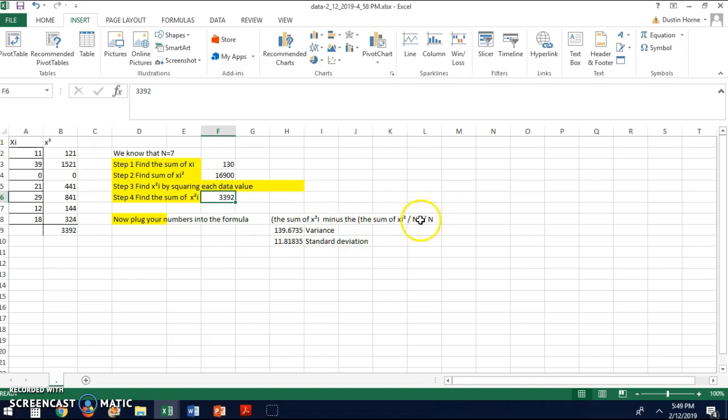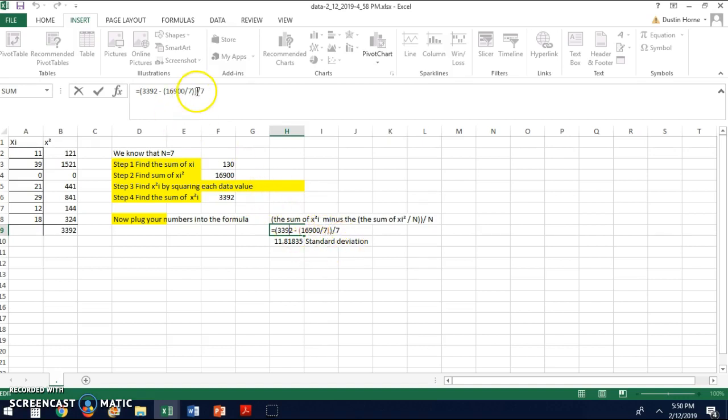So here's the formula. I've written it out in words. The sum of x squared i, which is 3392, minus the sum of xi squared. We see the sum of xi squared here is 16,900 divided by 7, which is n.